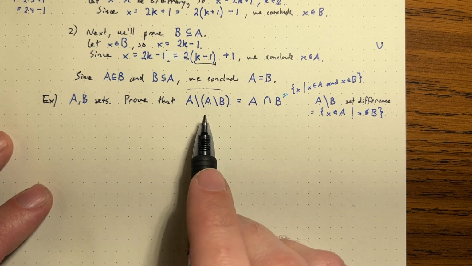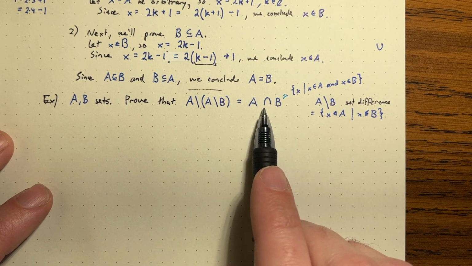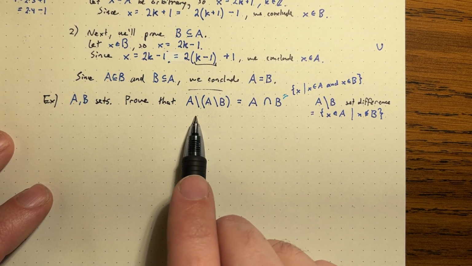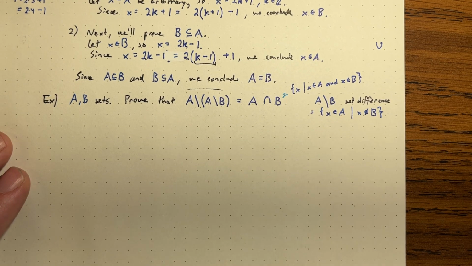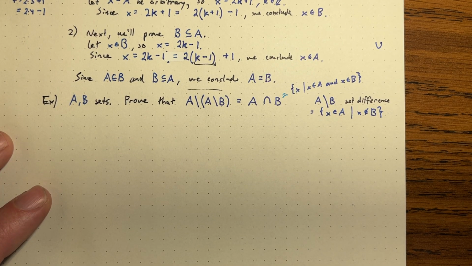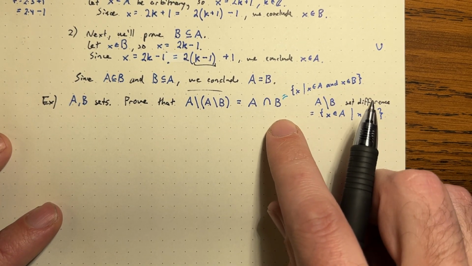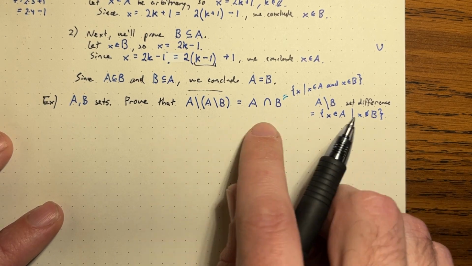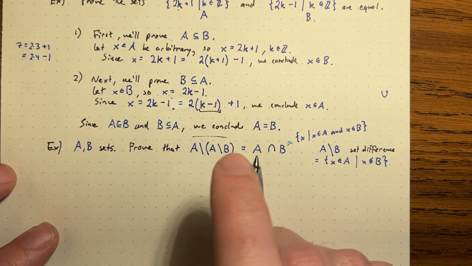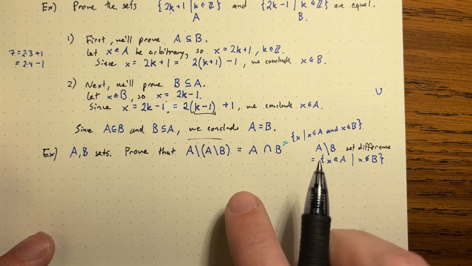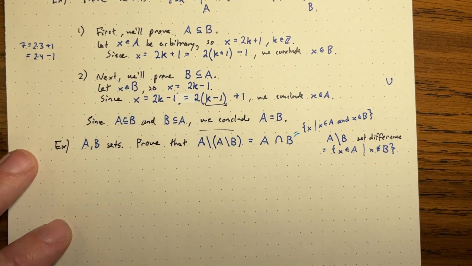So this is sort of saying how the difference and the intersection relate in this way. And this is really tough to wrap your head around if you just try to think about why they're equal. It becomes much more manageable if you break it down like this.